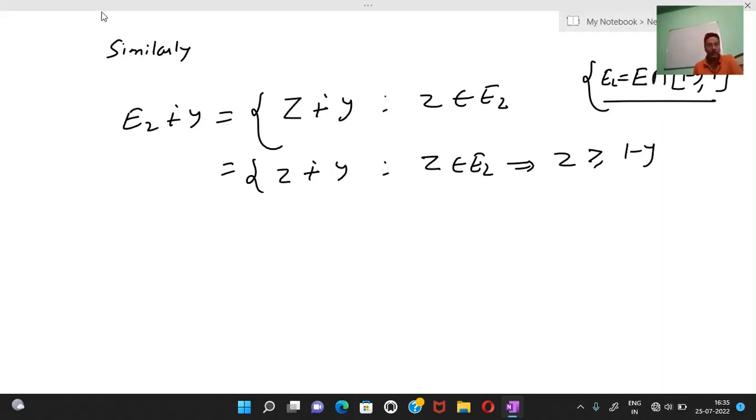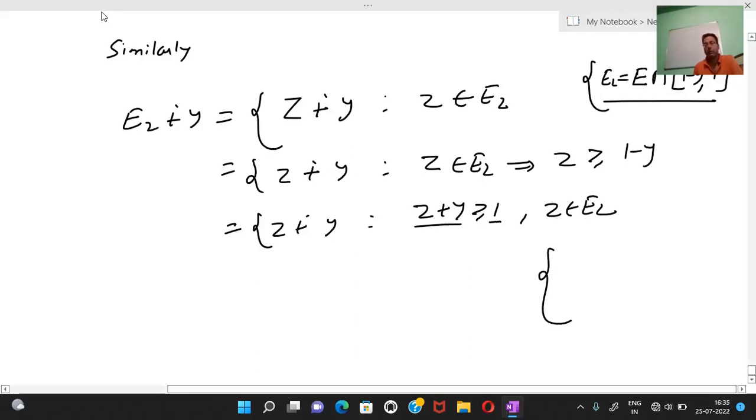Then we can write z plus dot y, and z plus y is greater than or equal to 1 and z belongs to E2. Here we know that z plus y is greater than or equal to 1.